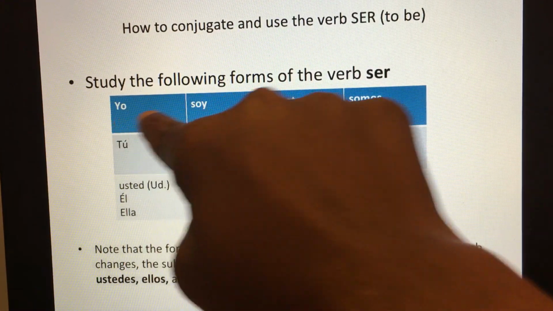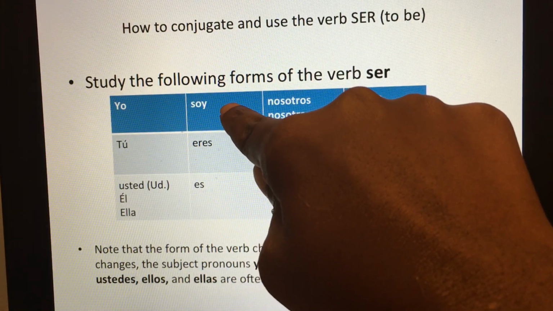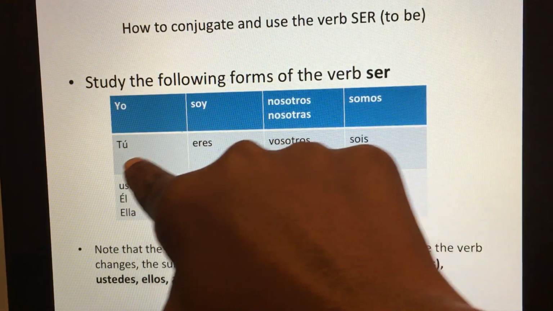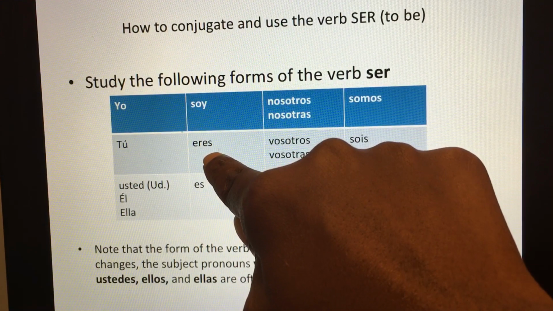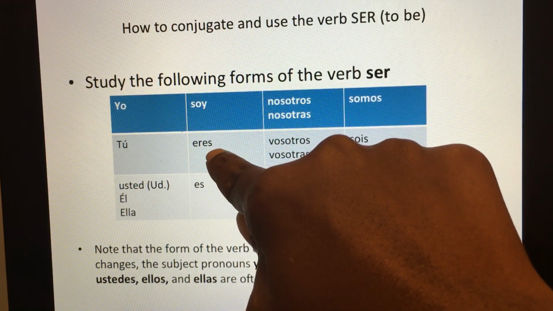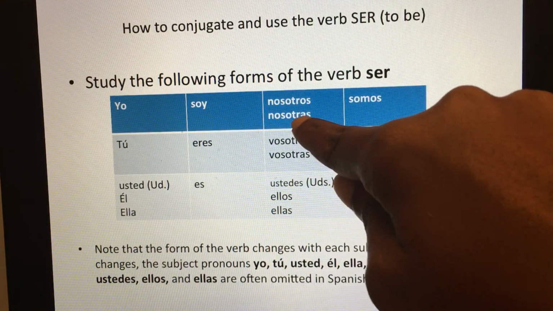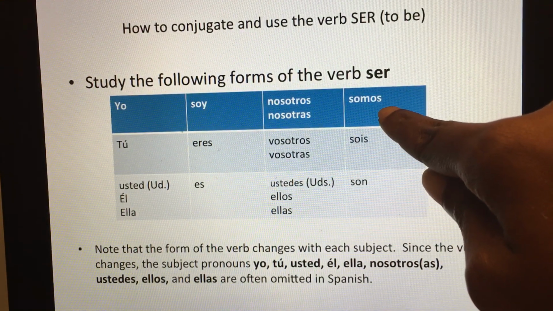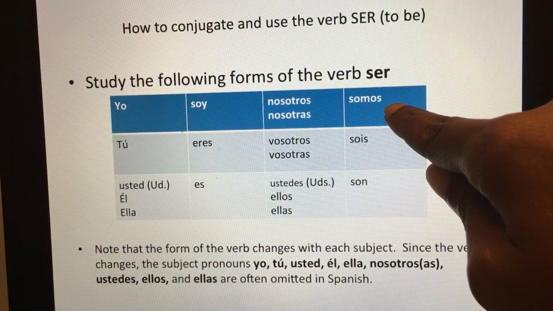I can say yo soy, or I can just simply say soy. Soy means I am. I could say tú eres, or I can just simply say eres. Eres means you are. I could say nosotros or nosotras somos, but I don't have to. Somos translates to we are.